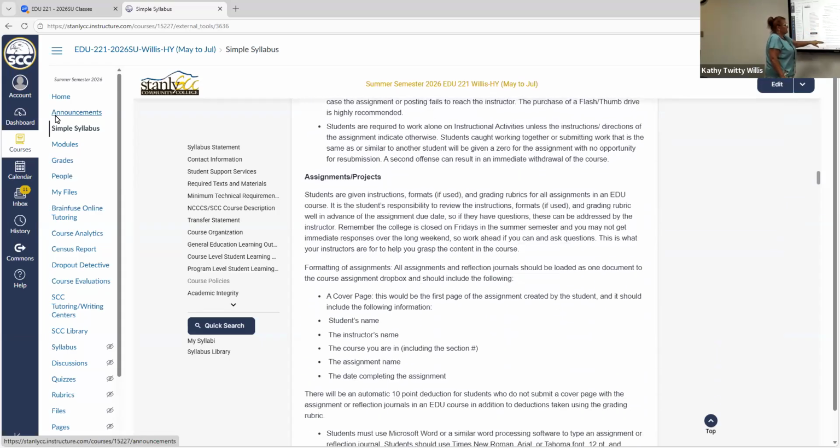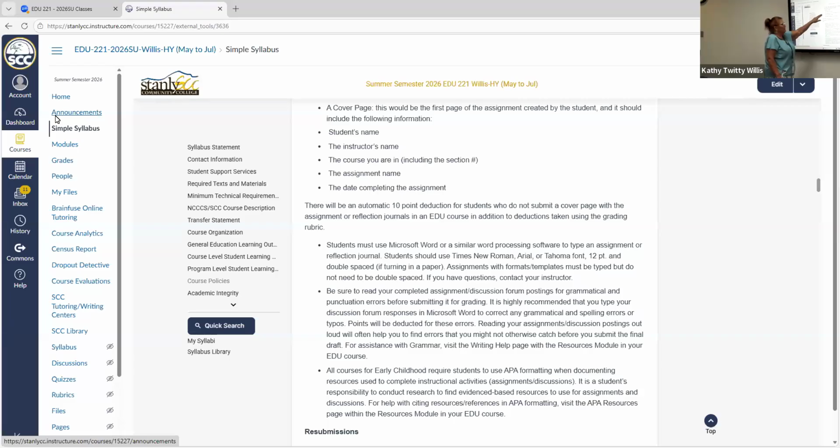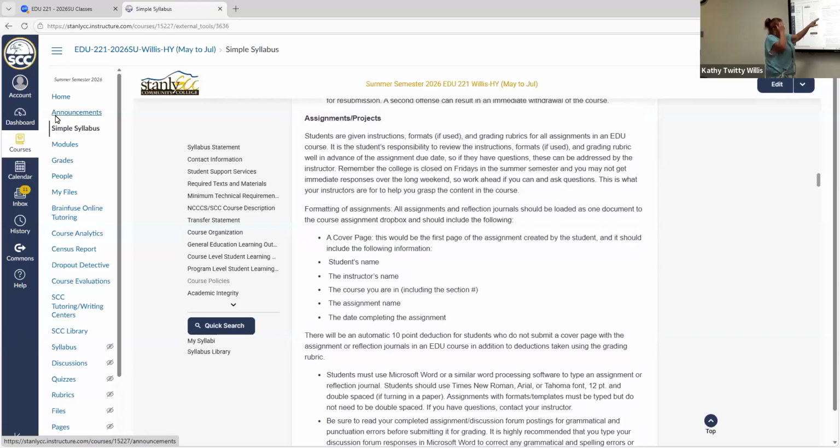You can go on down through. You've got assignments and projects. Please follow the guidelines for the assignments and projects. One of the things that you're going to want to do is to make sure that you review the rubrics, because your grade is based on meeting the requirements inside the rubrics.